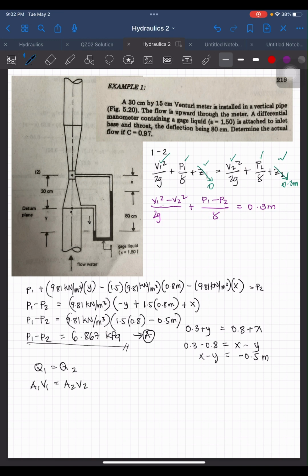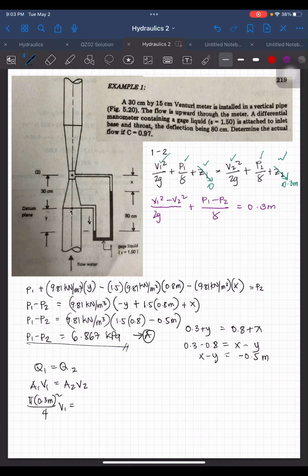We also know that A1 is the cross-sectional area at section 1, that is 30 centimeters, no? So that is pi times 0.3 meters squared over 4.